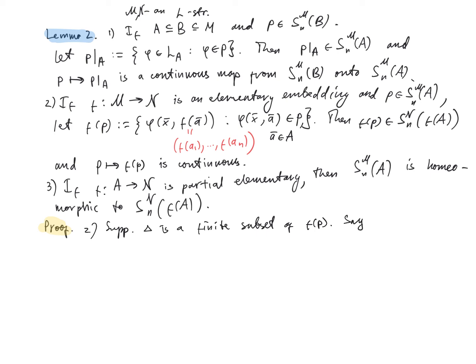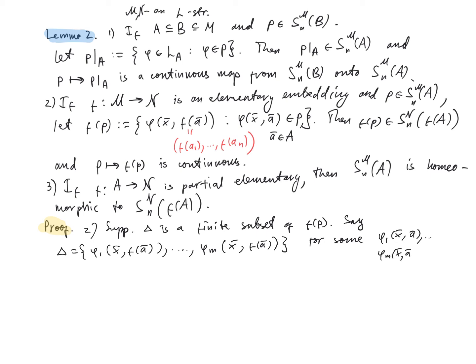So say for definiteness that delta is of the form phi_1(x bar, f(a bar)) through phi_m(x bar, f(a bar)) for some formulas phi_1(x bar, a bar) through phi_m(x bar, a bar) all in p.